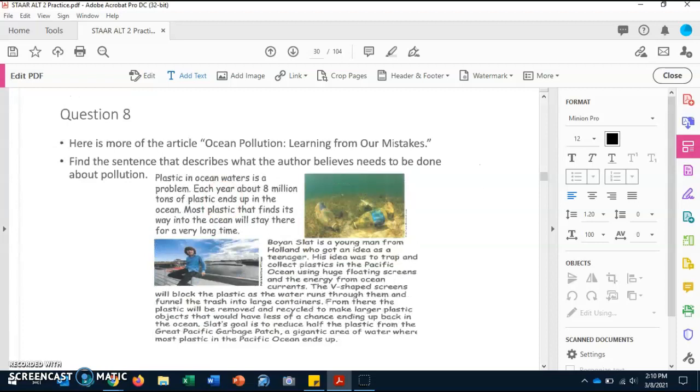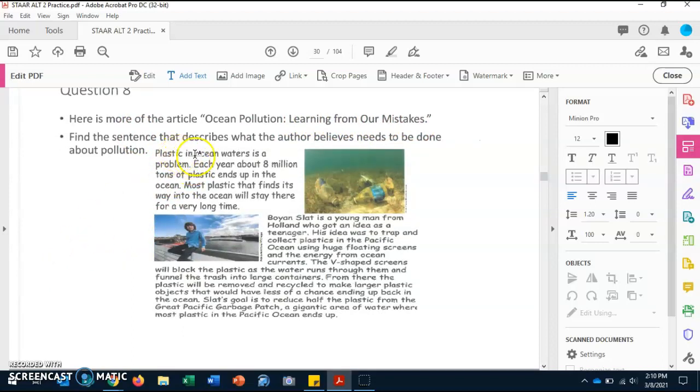Here is more of the article, Ocean Pollution, Learning from Our Mistakes. Plastic in ocean water is a problem. Each year, about 8 million tons of plastic ends up in the ocean. Most plastic that finds its way into the ocean stays there for a very long time.